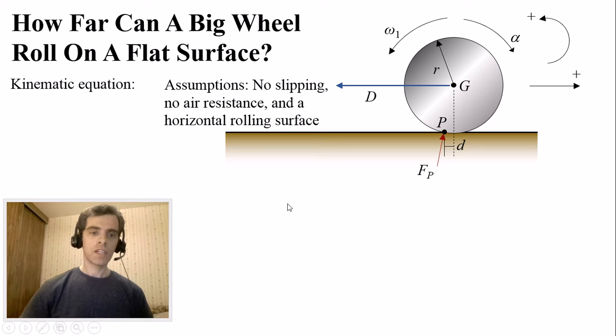Now let's use a kinematic equation to solve for the rolling distance D, and we can use v2 squared is equal to v1 squared plus 2aD.